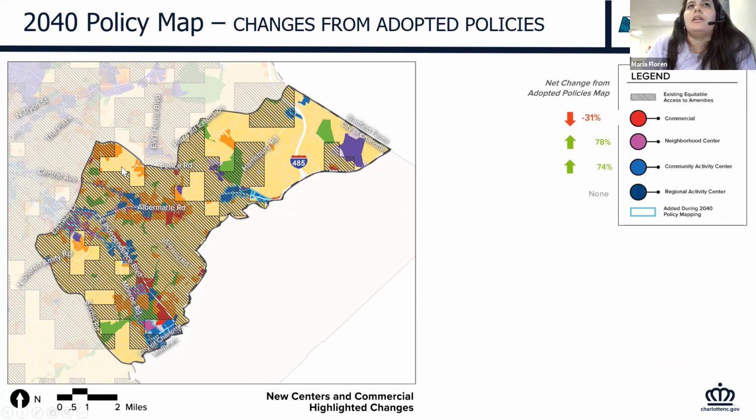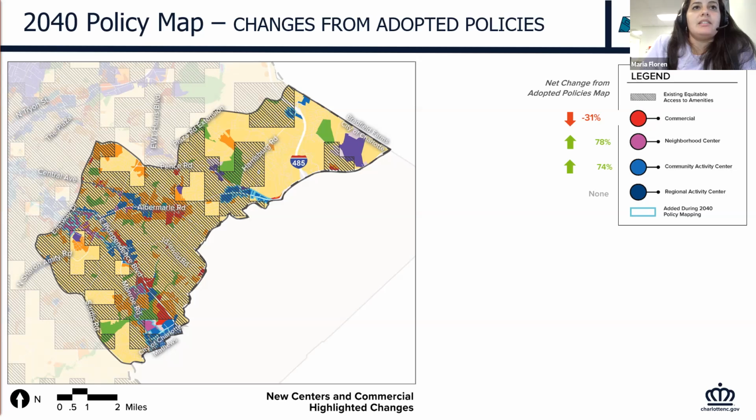So if you look here to the changes from the adopted policies map, it looks like commercial went down 31%, neighborhood center went up 78%, and community activity center went up 74%. So commercial activity centers are place types that can help provide more access to amenities. Here you can see in red, pink, blue, and navy where these four place types were mapped.